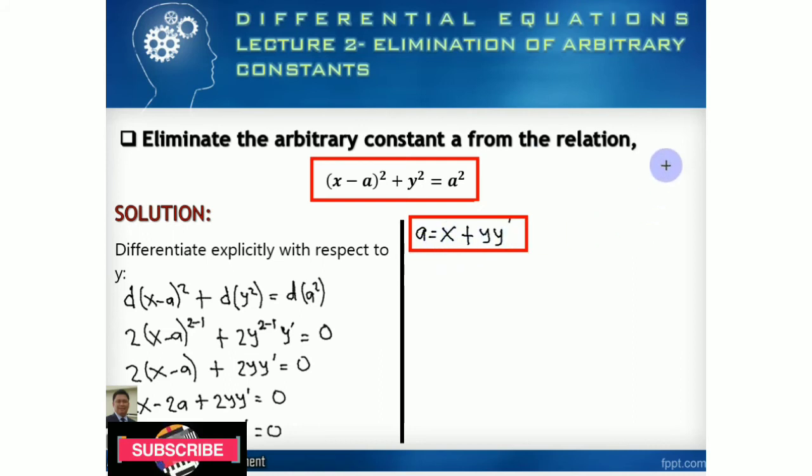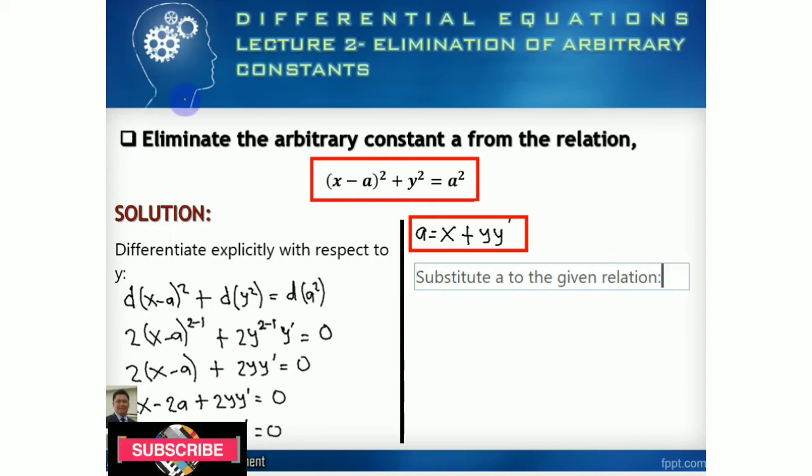So you're going to substitute this a to the given relation, (x minus a) squared plus y squared is equal to a squared. As I've told you, we will consider this given relation as our equation 1. So here you can say substitute a to the given relation, which is our equation 1.